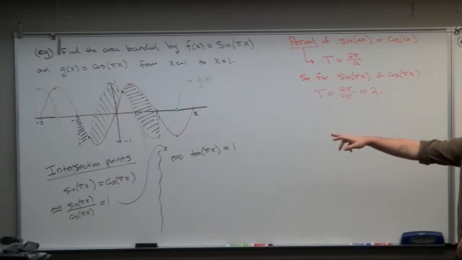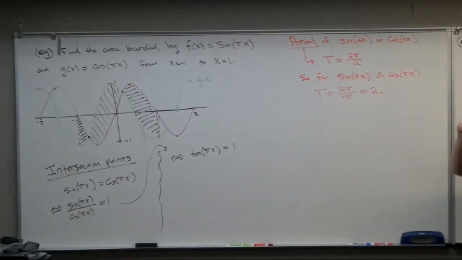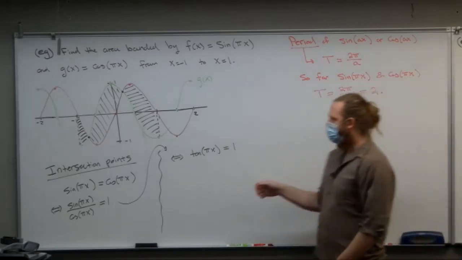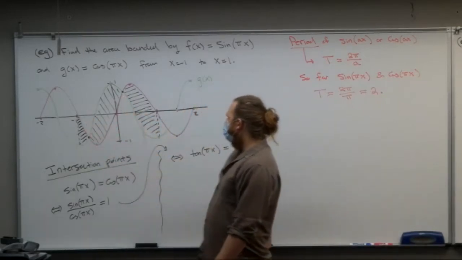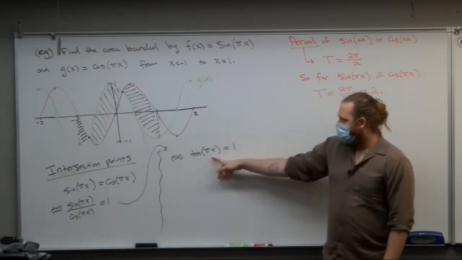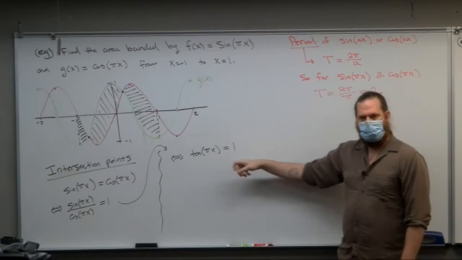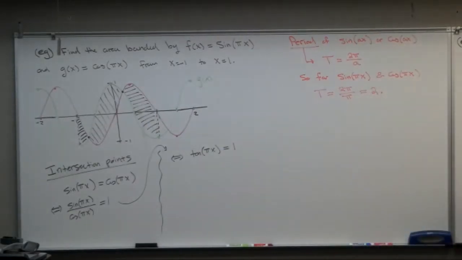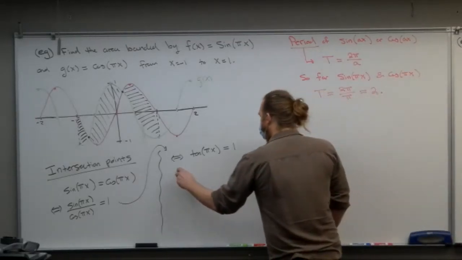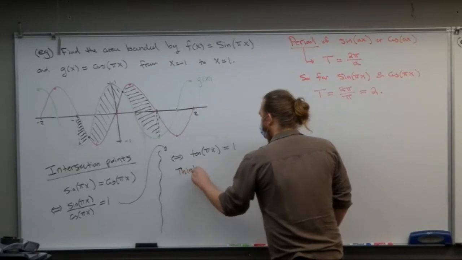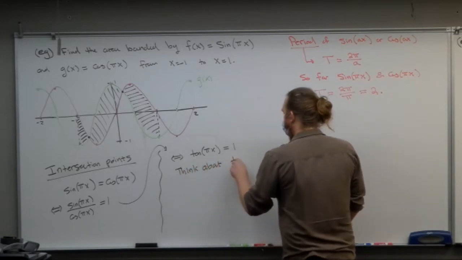From the picture, you see that one of these solutions is negative and one of them is positive, right? And there's infinitely many, but at least the ones that we're looking for, the ones which are closest to 0, one of these x values is to the right of the origin, one of them is to the left. So can anybody tell me a positive solution to tan pi x equals 1? √2/2. That would be the coordinate on the unit circle, right? Or the output from sine and cosine themselves, which would do it. But we're looking for the input. So to solve this, think about the equation.